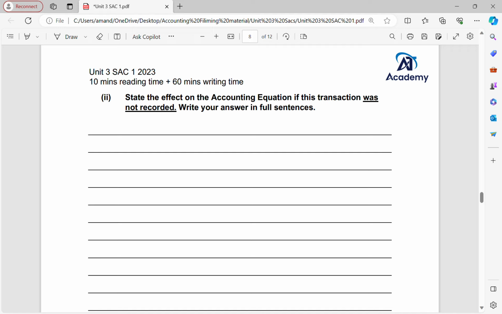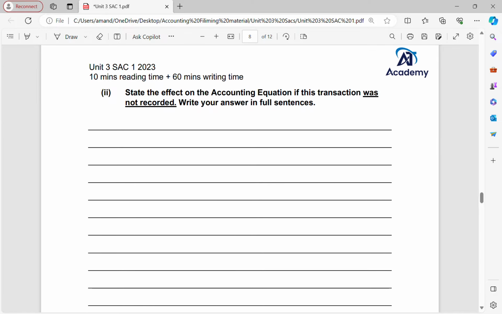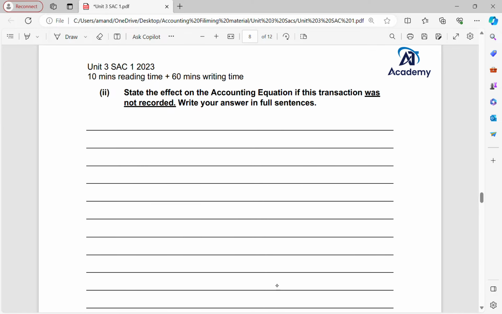So then: state the effect on the accounting equation if the transaction was not recorded. And here you just need to know the terminology. The keywords for these questions, which say not recorded, these are called omitted transactions.